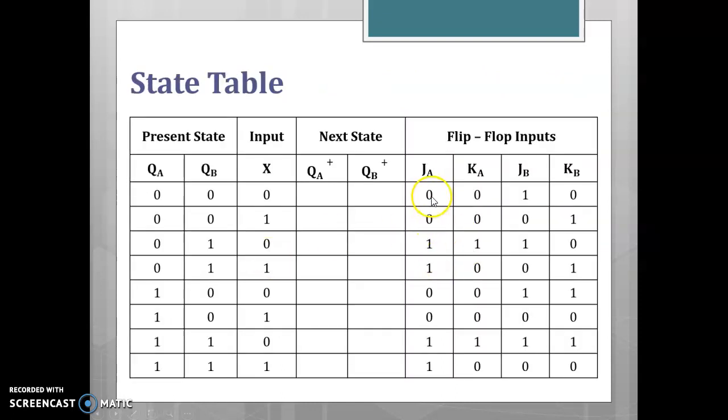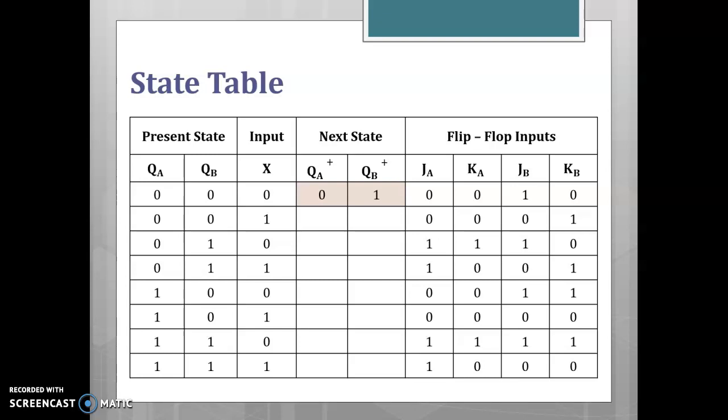We'll consider one example here, JA, KA. Here JA, KA is 0, 0. When JA, KA is 0, 0, the next state is the same as the present state, so QA plus is the same as QA. And QB plus is given by JB, KB.